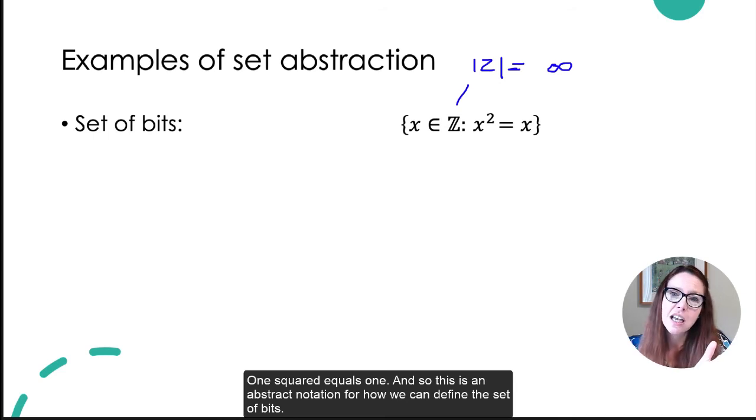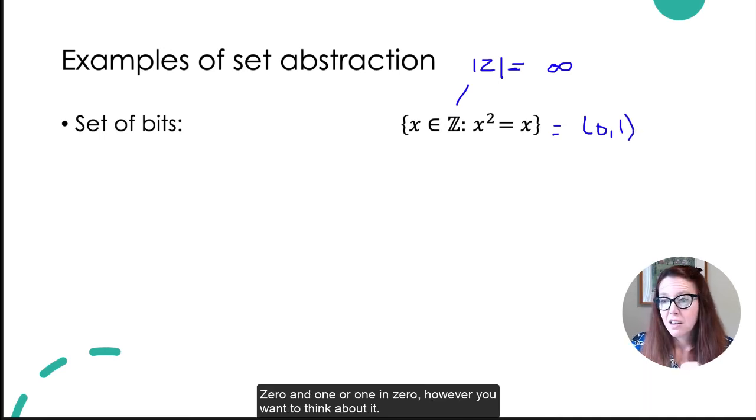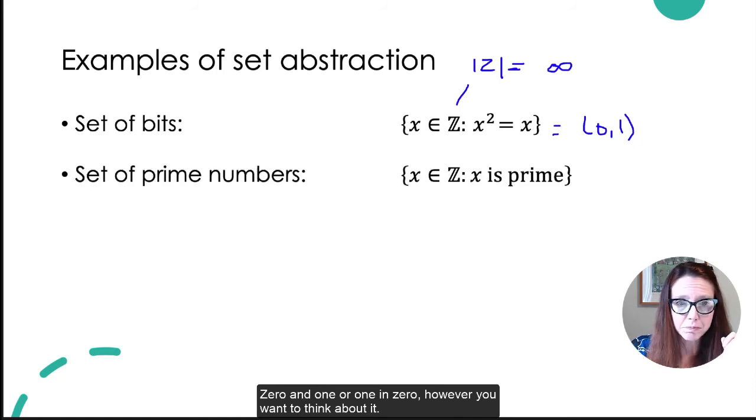And so this is an abstract notation for how we can define the set of bits. This is still just equal to, and I'm going to use regular brackets because I can't apparently write them on this screen, 0 and 1, or 1 and 0, however you want to think about it.